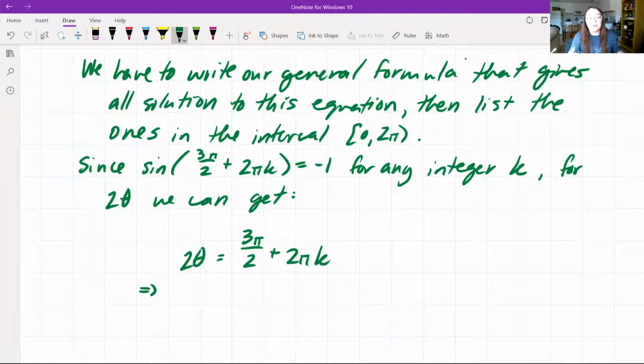If we just want theta, we can divide each value by 2, and this now gives us theta is equal to 3 pi over 4 plus pi k, where k is an integer.